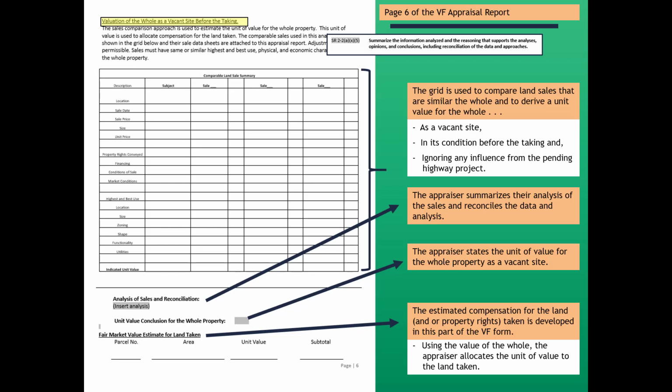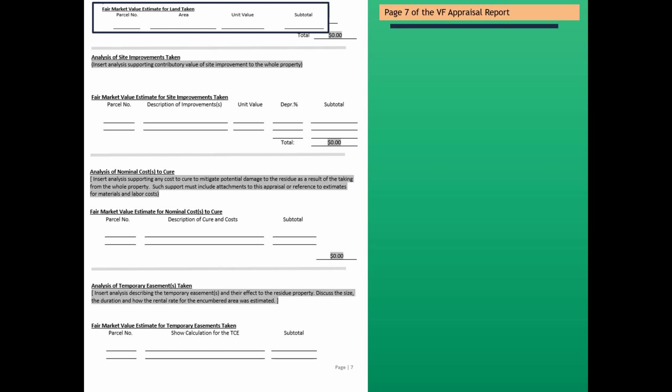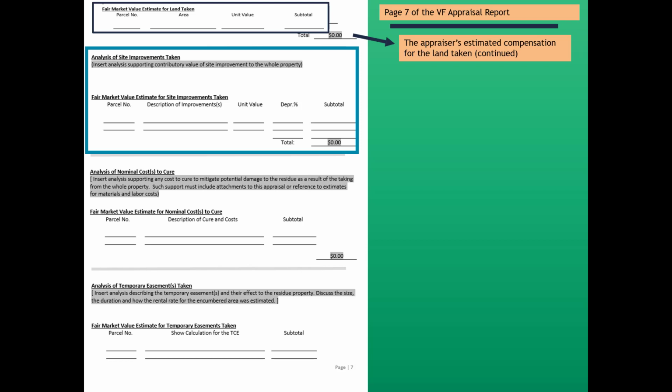Using the value of the whole, the appraiser allocates the unit of value to the land taken. Moving on to page 7. The very top bleeds over from page 6, and it's the conclusion of the fair market value for land taken, followed by the analysis of site improvements taken.